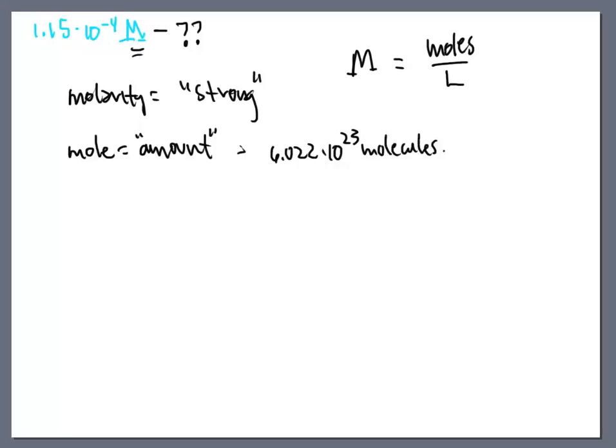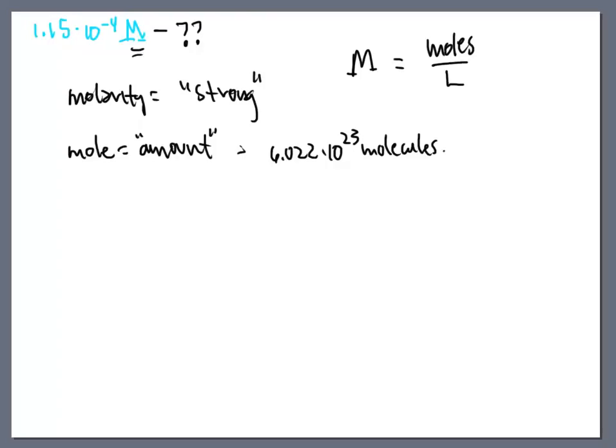So therefore, if I have 1 mole of sugar, that represents 6.022 times 10 to the 23rd molecules of the sugar. If I have 1 mole of caffeine, well, that represents 6.022 times 10 to the 23rd molecules of caffeine. Right? This is kind of like the 12.